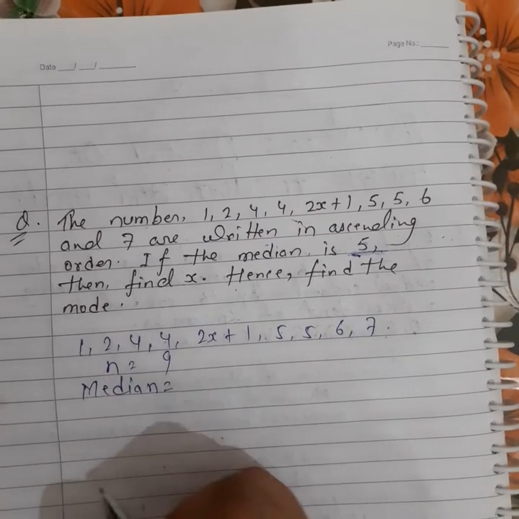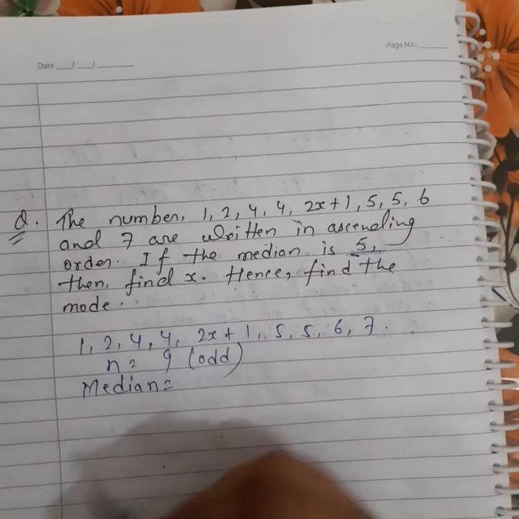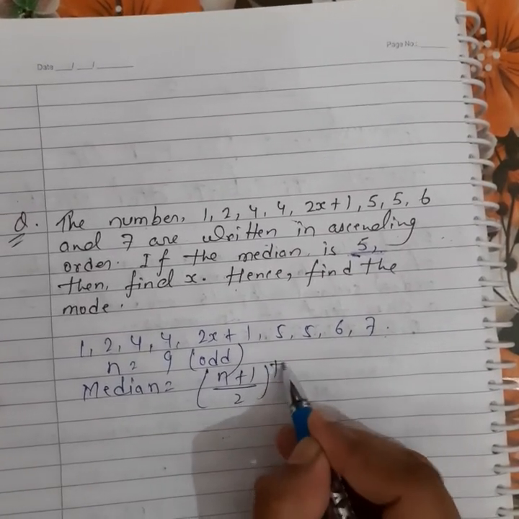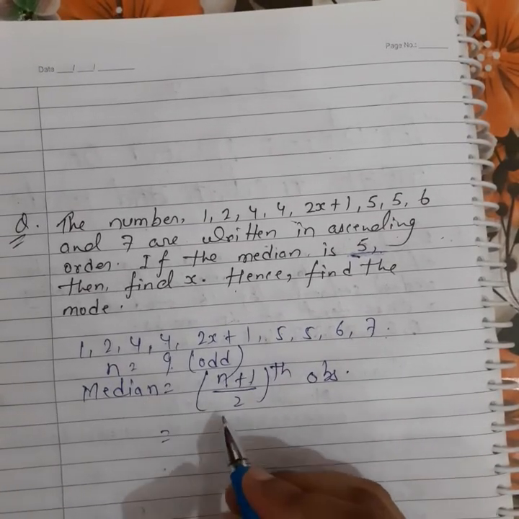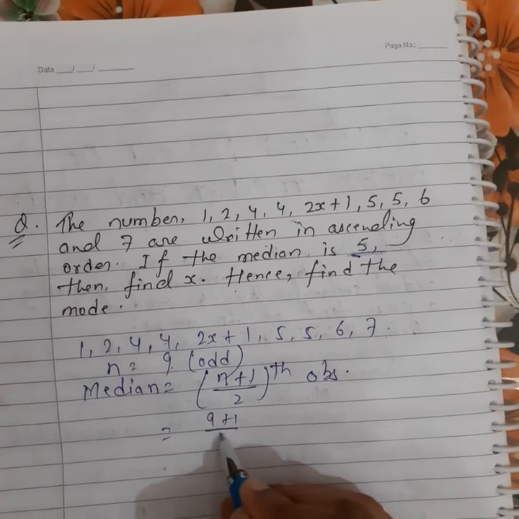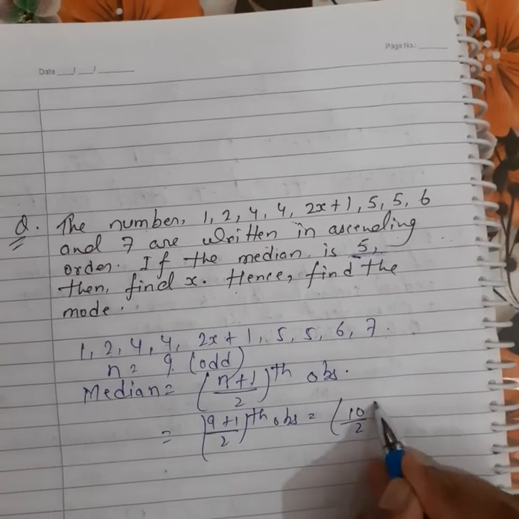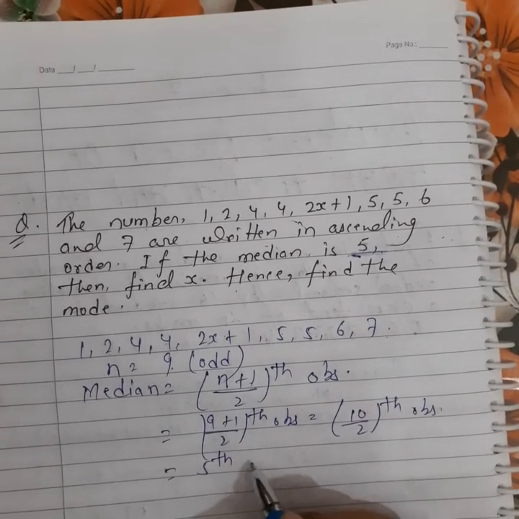So median is equal to, what formula do we use for finding the median when the number of observations is odd? Median is equal to n plus 1 by 2th observation. Now n is 9, 9 plus 1 by 2th observation, it means 10 by 2th, which is the 5th observation.